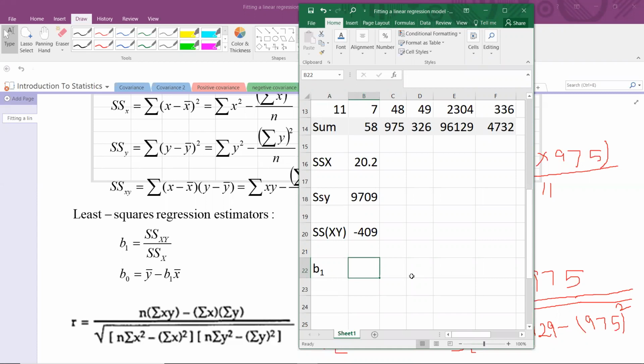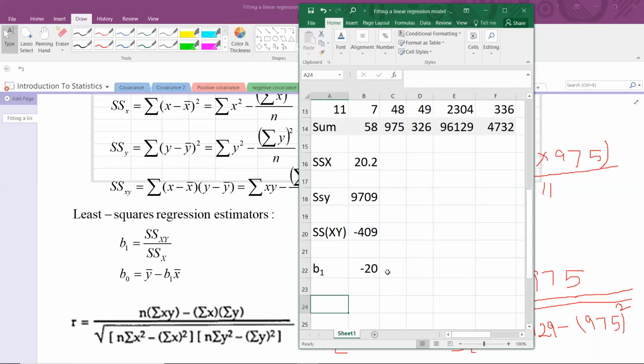B1 is equal to SSXY divided by SSX, divided by 20 times minus 20 is the value of B1.